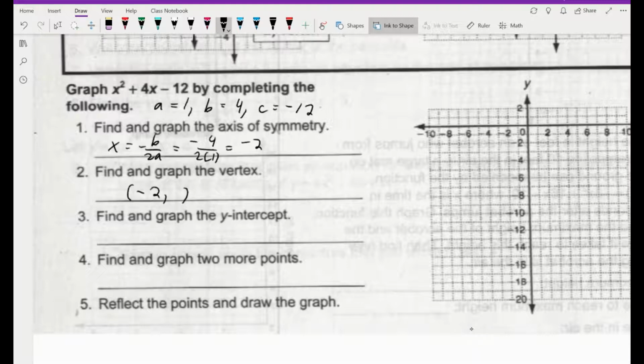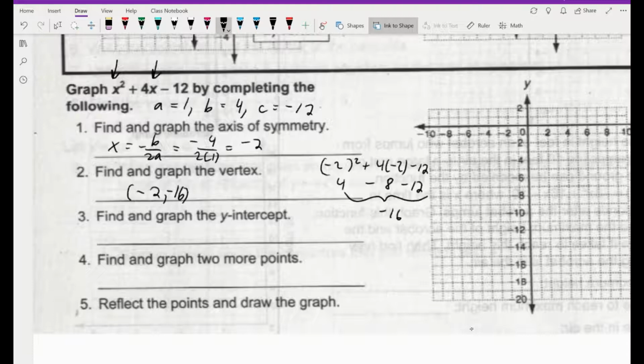We'll plug negative 2 into here, here. So we get negative 2 squared plus 4 times negative 2 minus 12. We get 4 minus 8 minus 12. We combine those terms, we get negative 16. So the vertex is negative 2, negative 16.